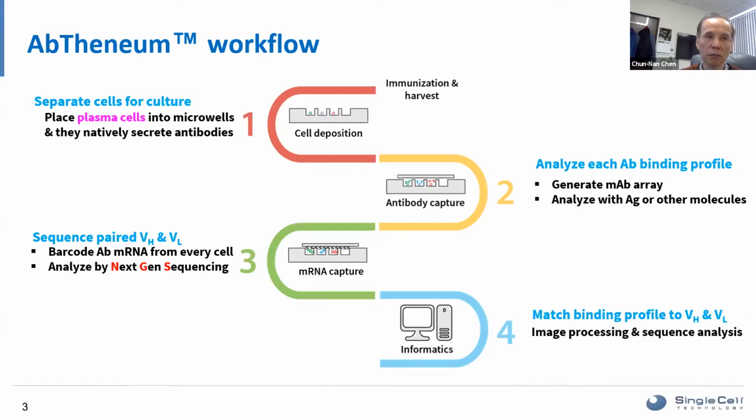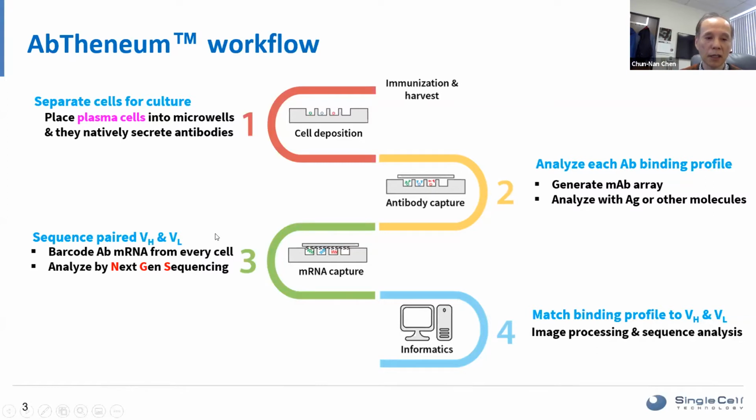And I think that's the biggest difference of our technology versus so many other competing single B cell approaches. So the ability to separate the antibody from the cells so that you can analyze them at will at any time in some other places and with using some harsh reagents when possible.